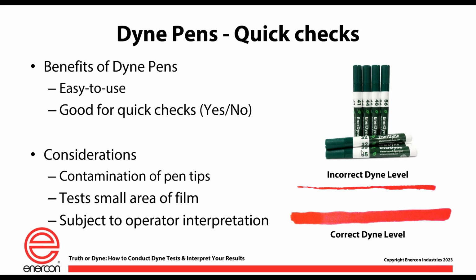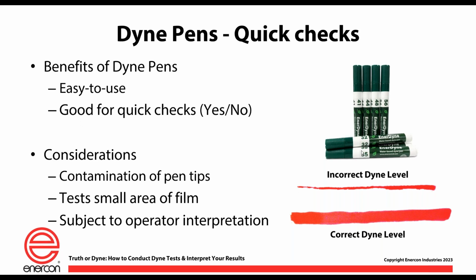If you've got a roll of film and you're putting it on a laminator, printing press, coating line, whatever, and you want to make sure that you're loading the roll correctly, so the pre-treated side of the film is the side that you're loading, this is a great way to determine that. You just take the pen, swipe it across the width of the film, and look at it for 2 seconds.